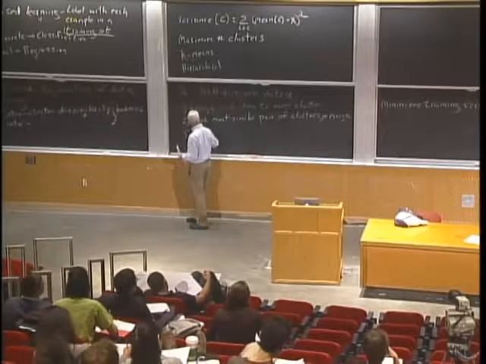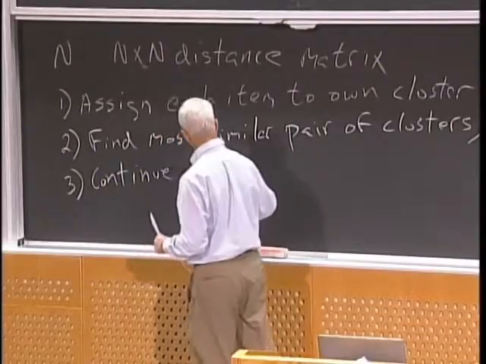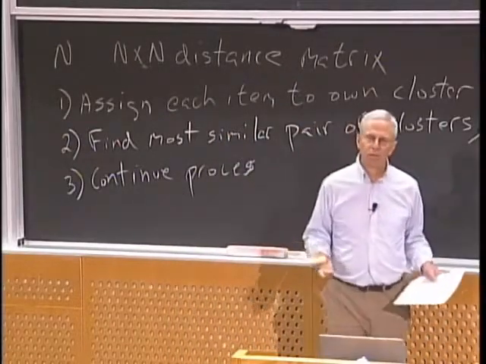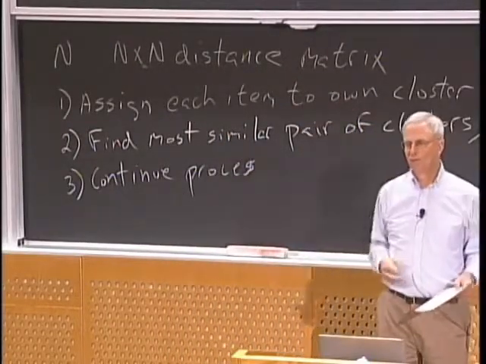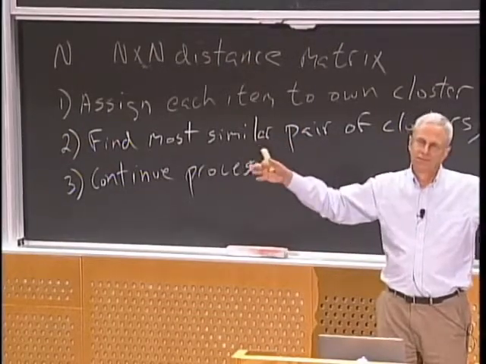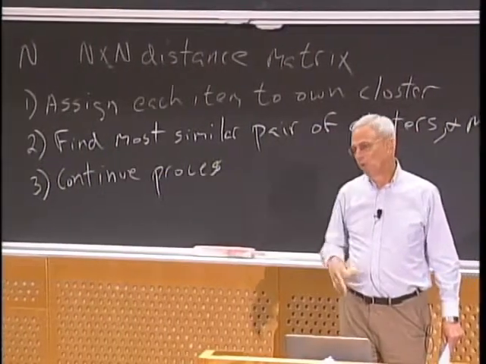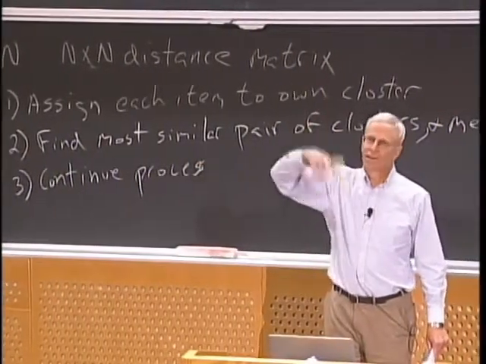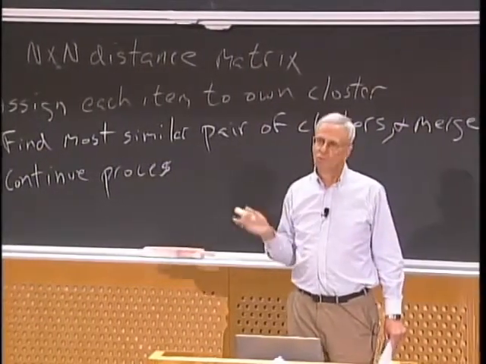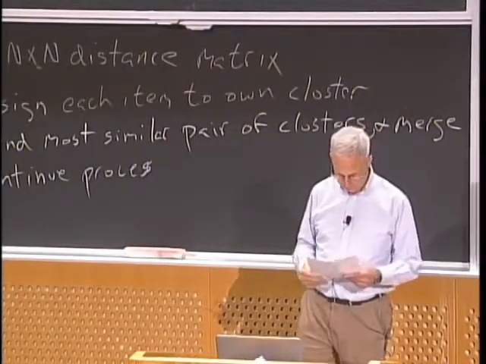And then you just continue the process in principle until all items are in one cluster. So now you have a whole hierarchy of clusters, and you can cut it off where you want. If you want to have 6 clusters, you can look at where in the hierarchy you have 6. You can look where you have 2, where you have 3. Of course, you don't have to go all the way to finish it if you don't want to.